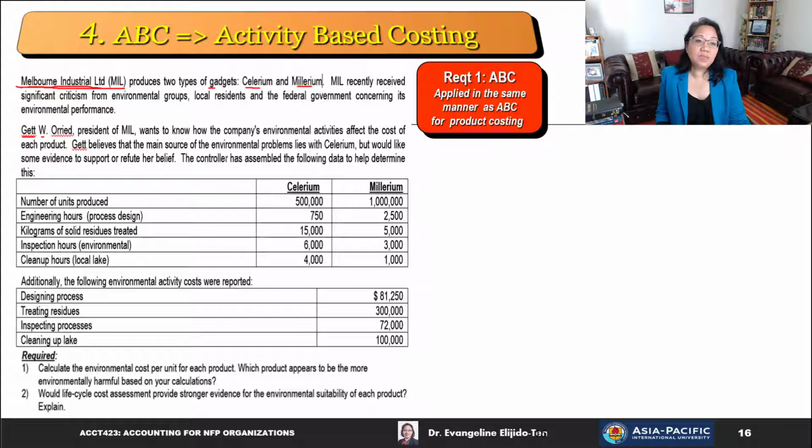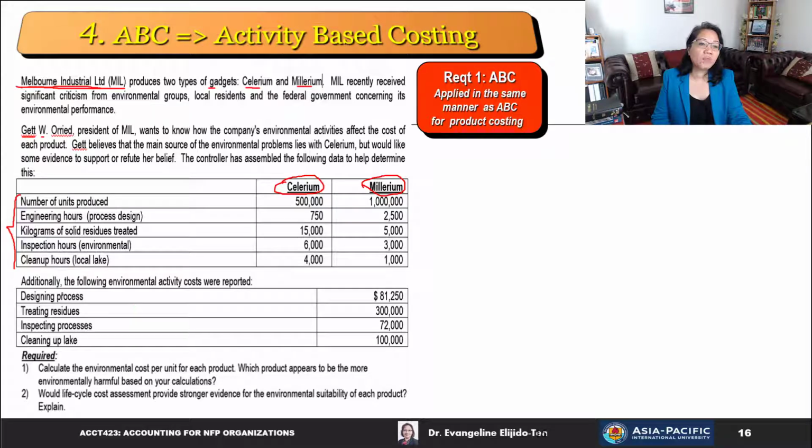Get believes that the main source of the environmental problems lies with Celerium. The controller has assembled the following data to help determine this. Okay, so we have here information about the number of units produced for each product, Celerium and Millennium, the engineering hours, kilograms of solid residues treated, inspection hours, and clean up hours.